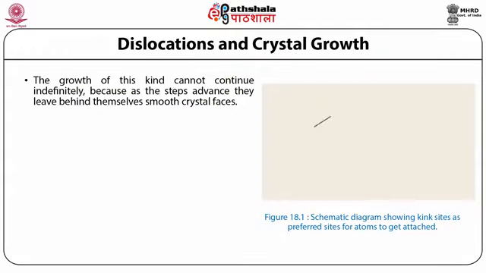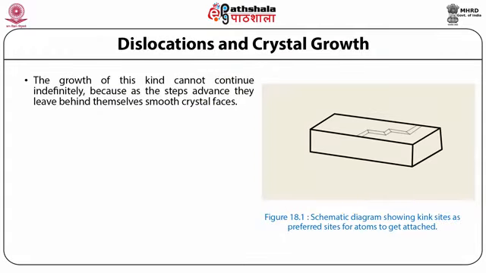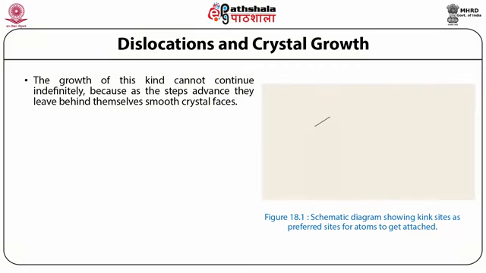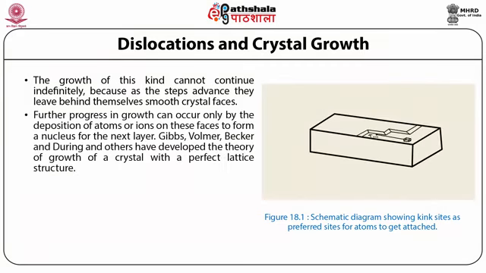The growth of this kind cannot continue indefinitely, because as the steps advance, they leave behind themselves smooth crystal faces. Further progress in growth can occur only by the deposition of atoms or ions on these faces to form a nucleus for the next layer.